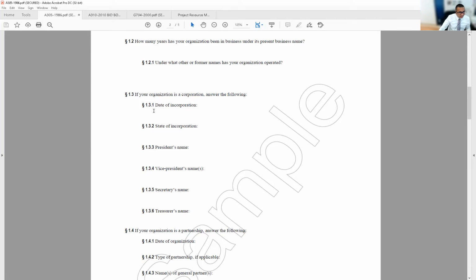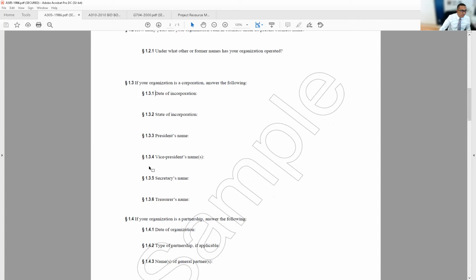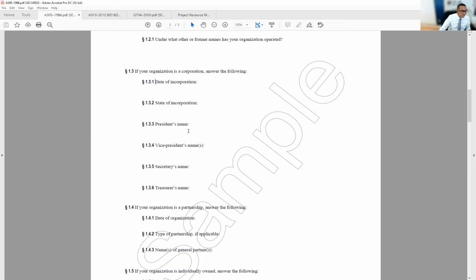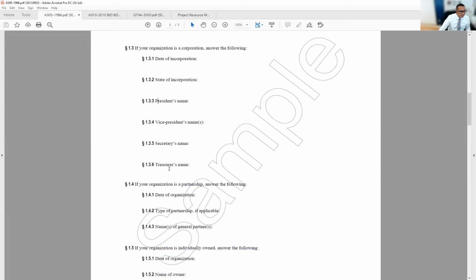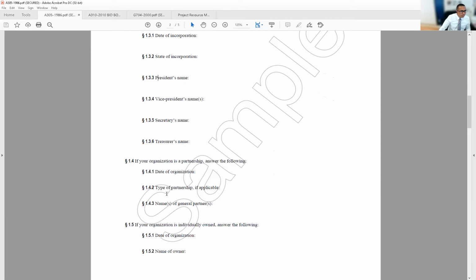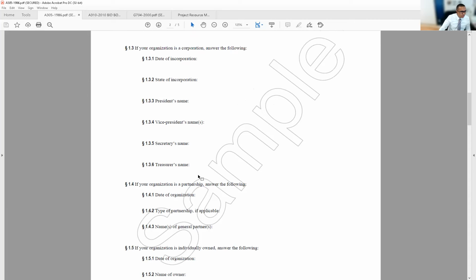And sometimes they may be the same person, by the way. But actually, not all. Some of them might be, but the president and vice president must be two different people. But the secretary and the treasurer could be the president and the vice president. You can always check that with your attorney. I'm just telling you general information that I know from my experience.